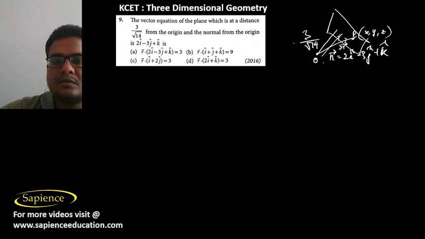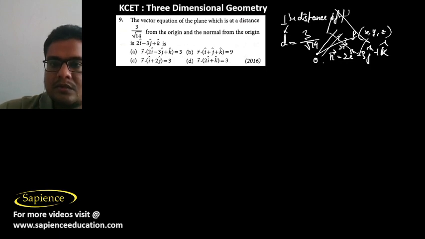Here 3 by root 14 is the small d, which is the perpendicular distance of the plane from the origin.